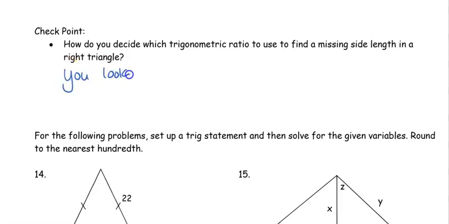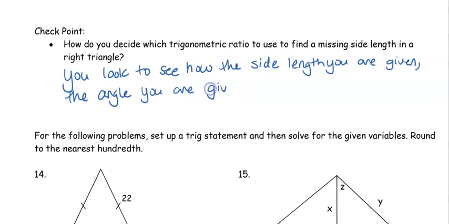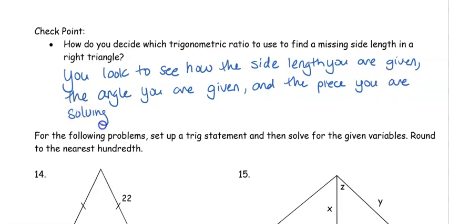You look to see how the side length you are given, the angle you are given, so the two pieces of information that you're given, which side and the angle, and the piece you are solving for are related.